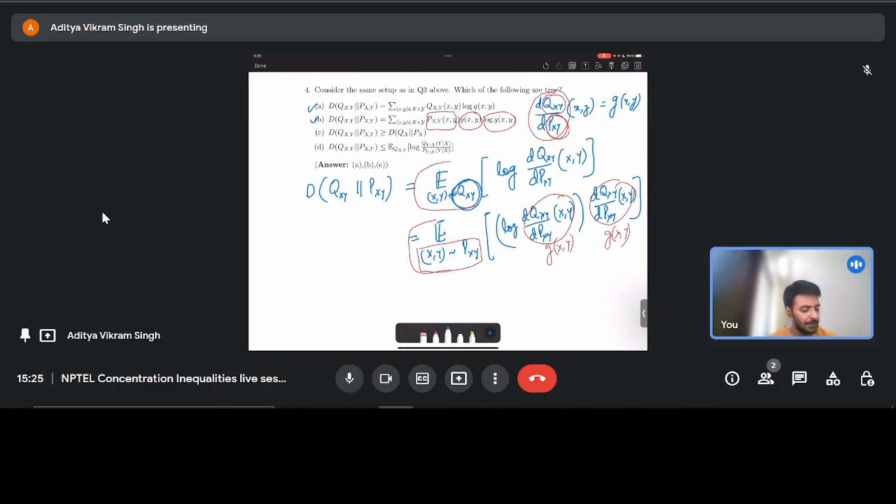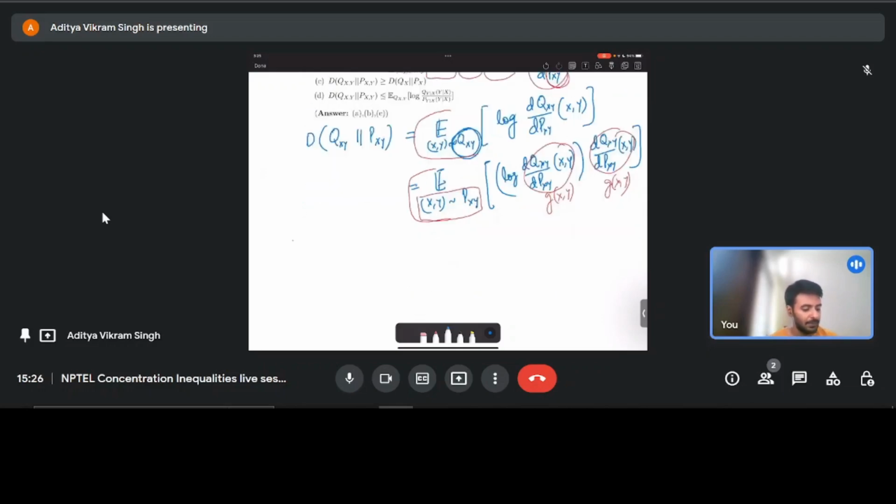So in this week's lecture, we derived some chain rules on KL divergence.